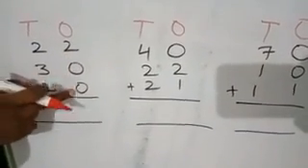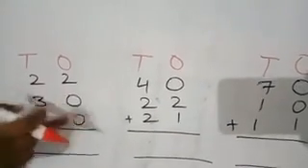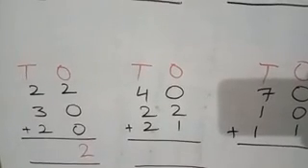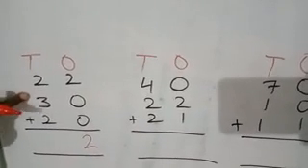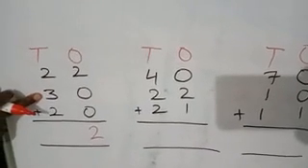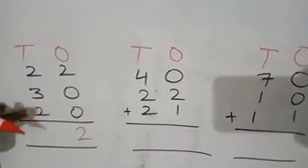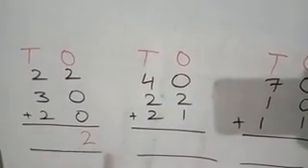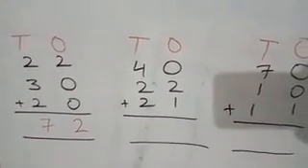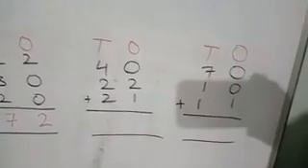See, 2 0 0, that means 0 means nothing, so we write here 2 only. Okay, tens, 2 plus 3, 5. Then add 2, 5 plus 2, 7. Here we are getting 72.